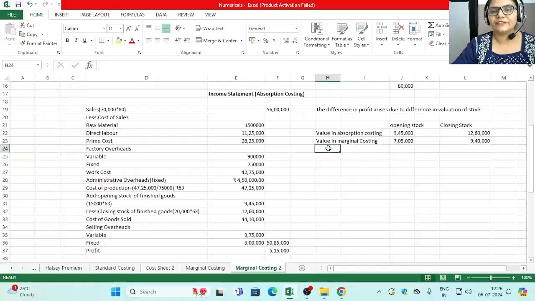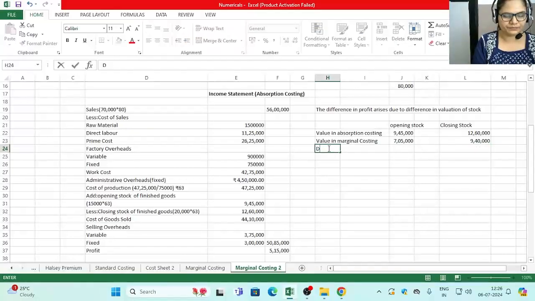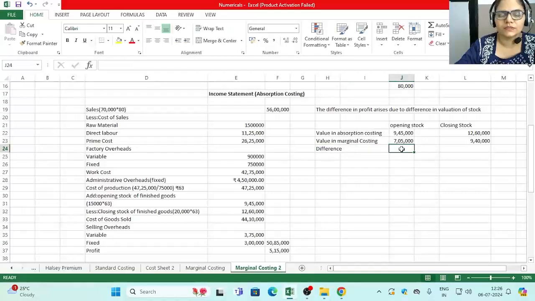Now, what is the difference? Difference is 2,40,000.